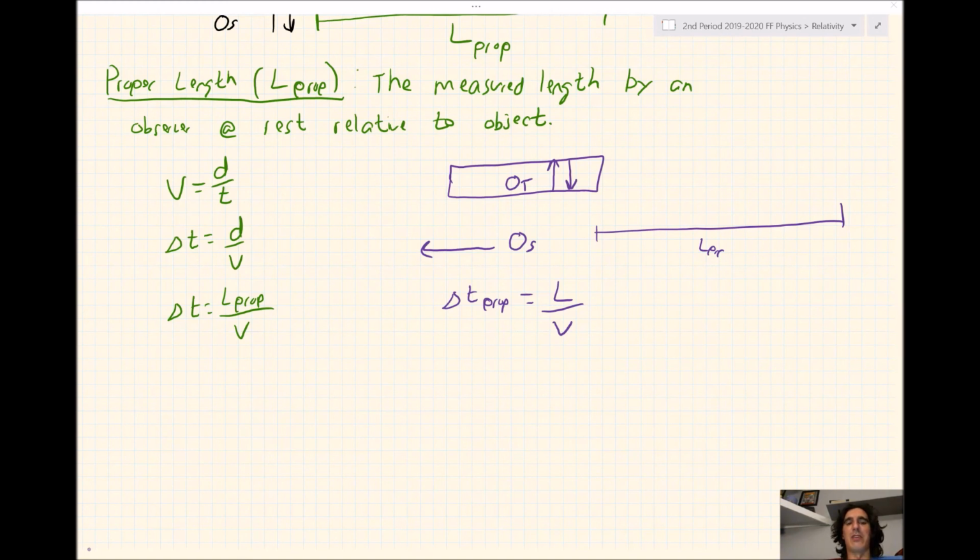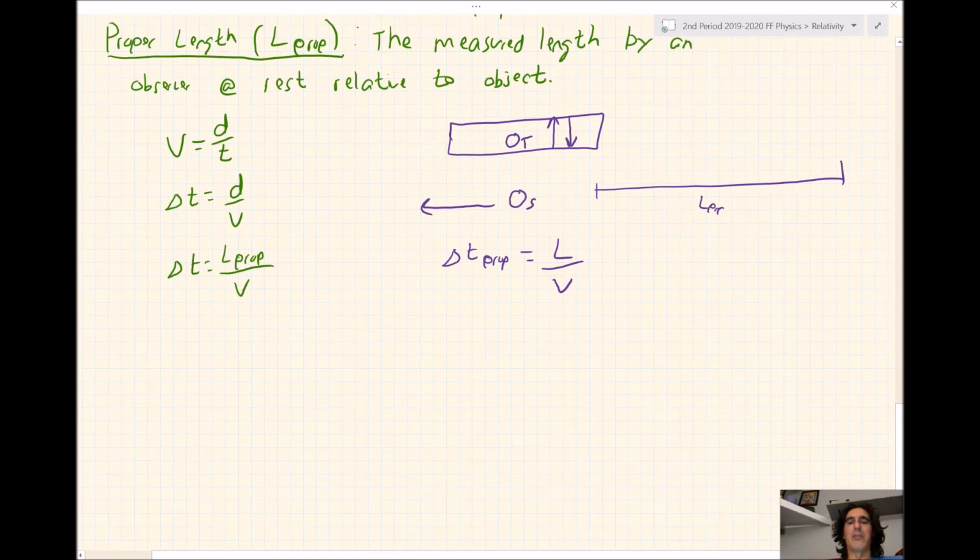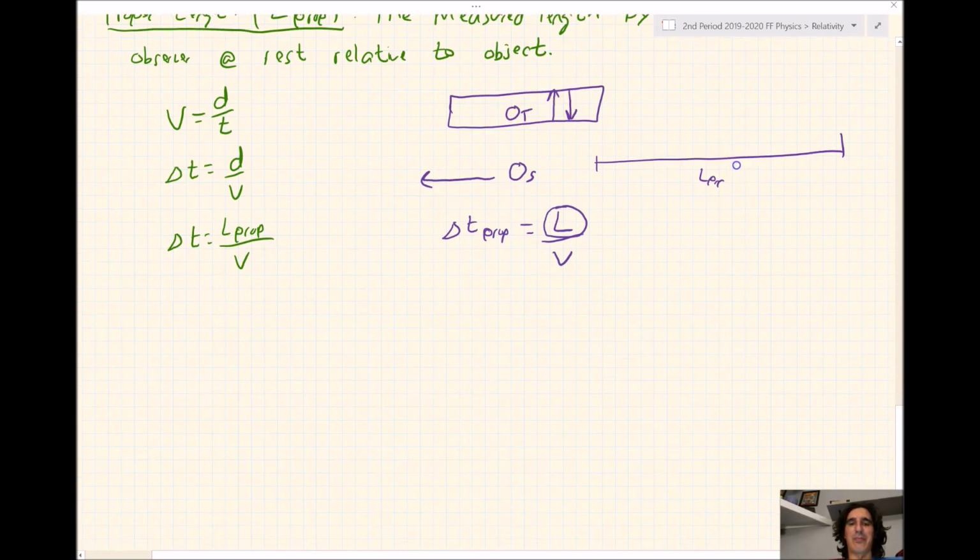Both V's are the same, it's just from a different perspective. The V on the left is the train moving to the right. The V on the right is the stationary person moving to the left. What we ultimately want to do is calculate what happens to the length that the person in the train travels.